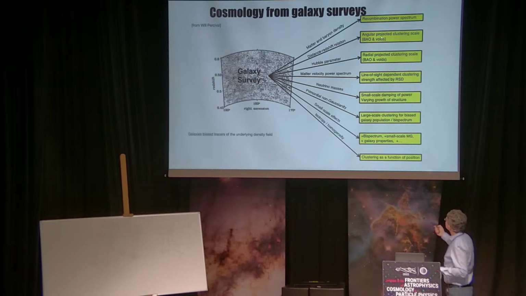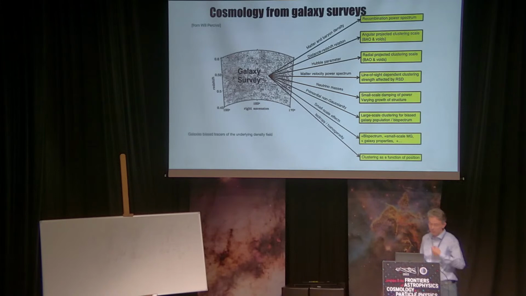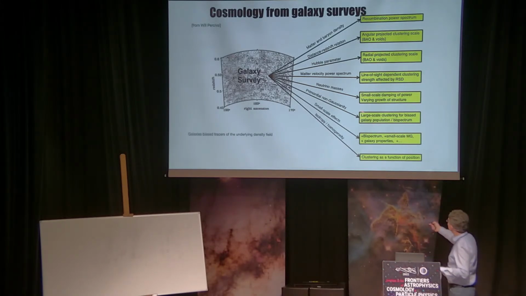Then you can look at the angular projected clustering scale, both for the BAO and voids, and the radial projected clustering scale, line-of-sight dependent clustering, which is affected by redshift space distortion, which we will use to perform cosmology, to study, for example, modification of gravity models, neutrino masses, primordial non-Gaussianity, the same questions that you might ask yourself if you look at the CMB.